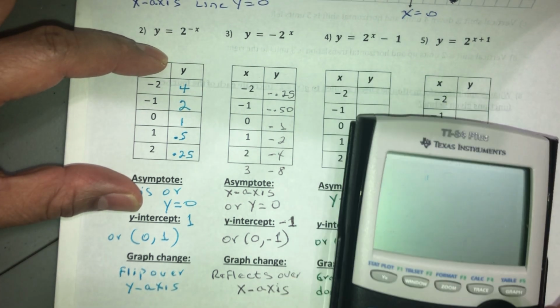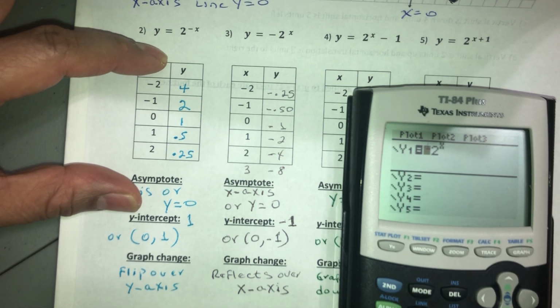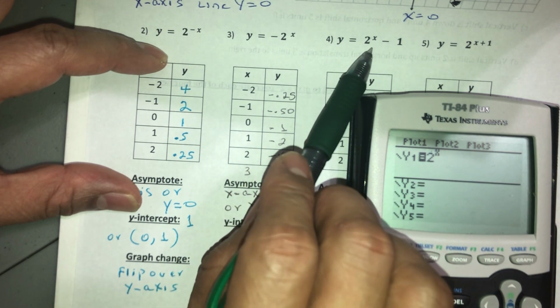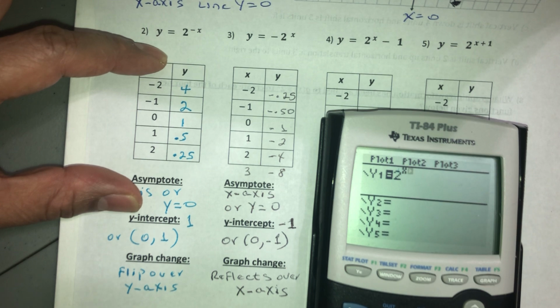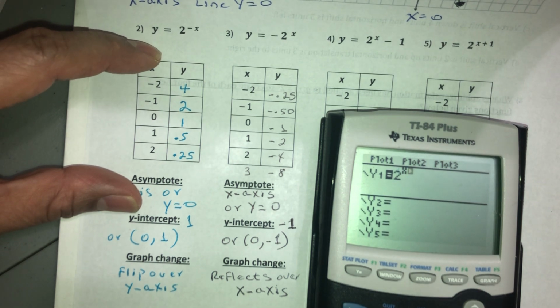Now let's find our values. First of all, we have to graph it. Clear that up and just type 2 to the x. Remember, guys, because now I have -1, I have to make sure I use my arrow to get out of the exponent, because if I continue typing there, everything is going to be considered exponent.